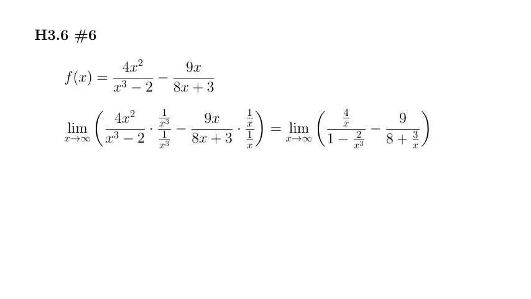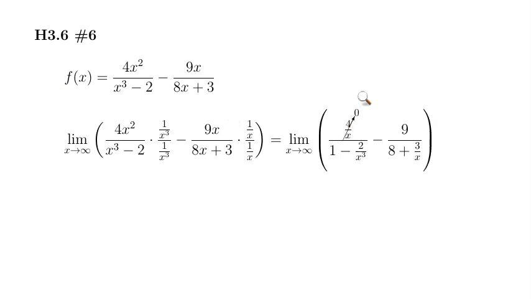This is very easy to evaluate because any finite number divided by infinity approaches 0. First, 4 over x is going to approach 0, and 2 over x cubed also goes to 0 as well.